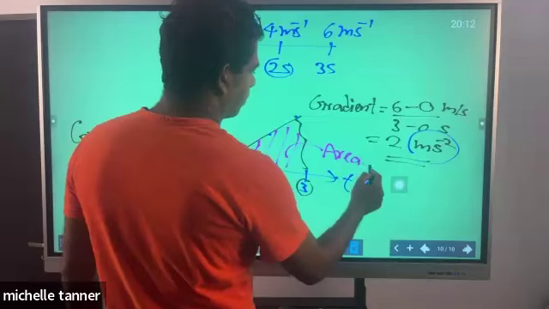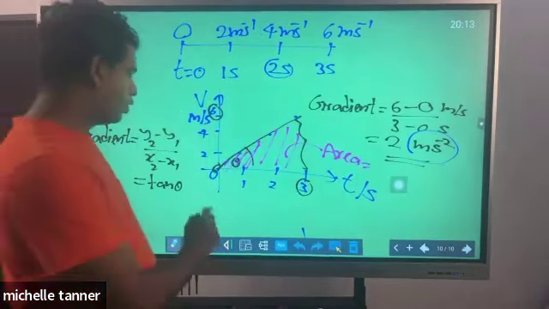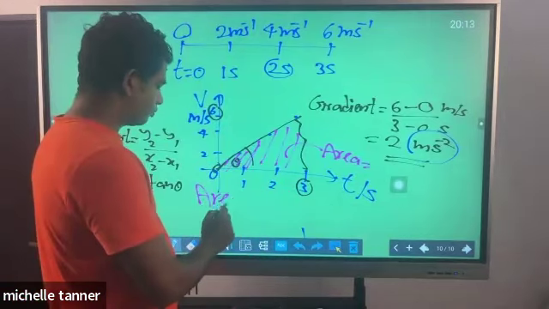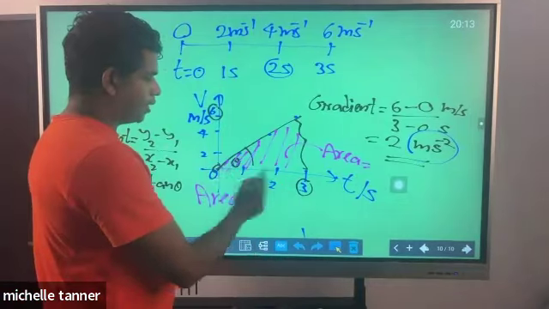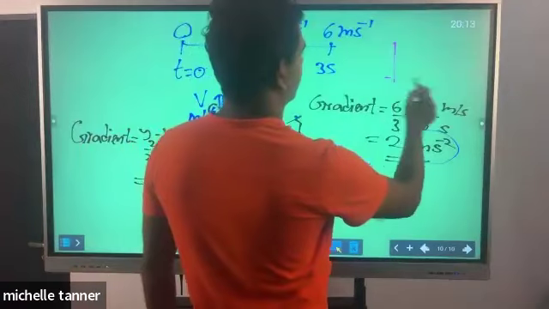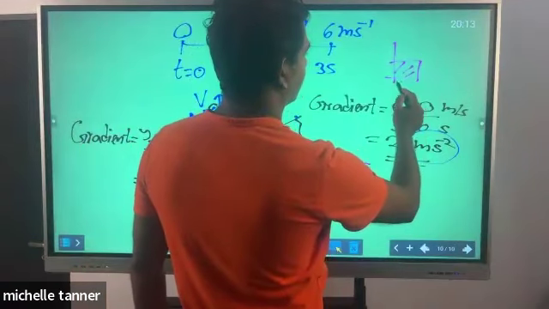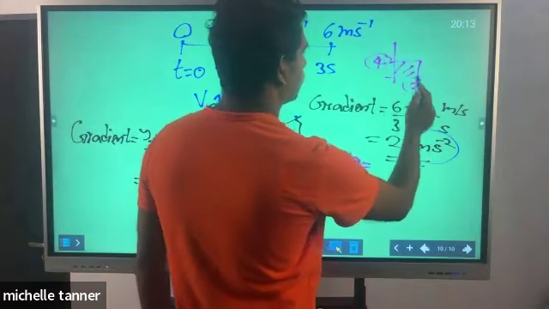How to calculate the area of a triangle? You know, half base into height. Here the area equals half times base times height.